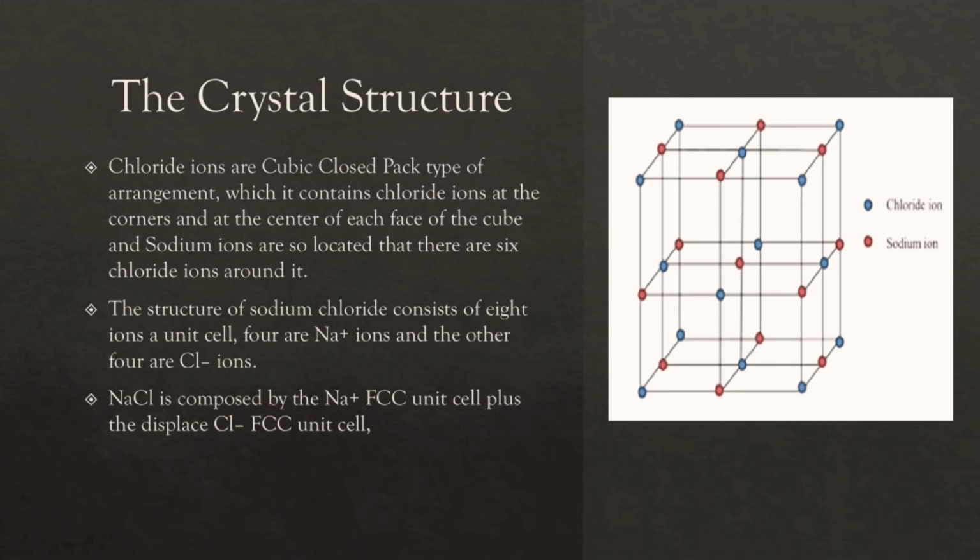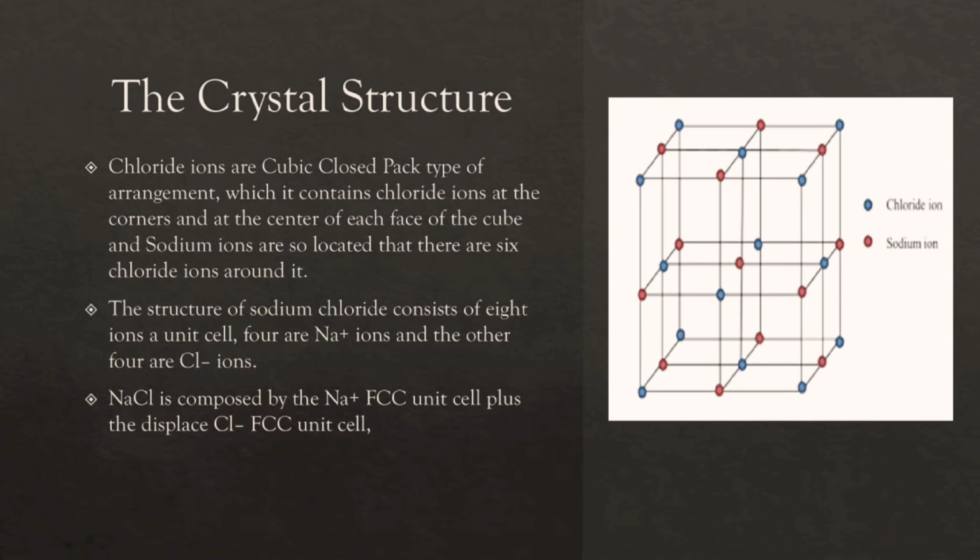The structure of sodium chloride consists of 8 ions per unit cell. 4 are natrium ions, and the other 4 are chloride ions. Natrium chloride is composed of the natrium FCC unit cell plus the displaced chloride ion FCC unit cell.